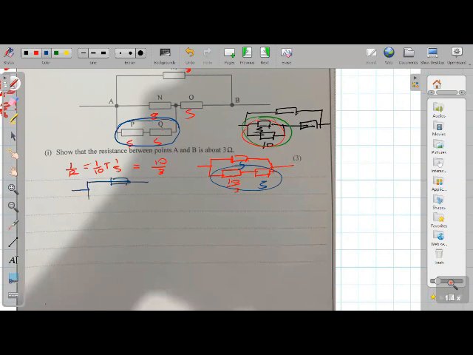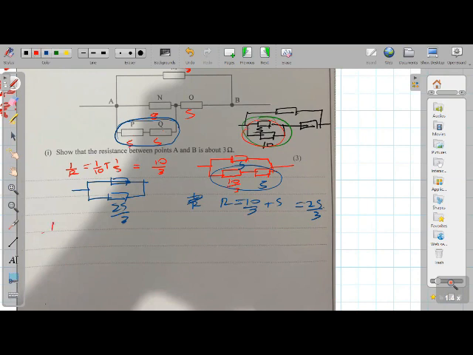Above is 5. The bottom is something we don't know. What is it? 10 over 3 plus 5. Direct addition: R equals 10 over 3 plus 5, so it's 25 over 3 is the answer for this one.